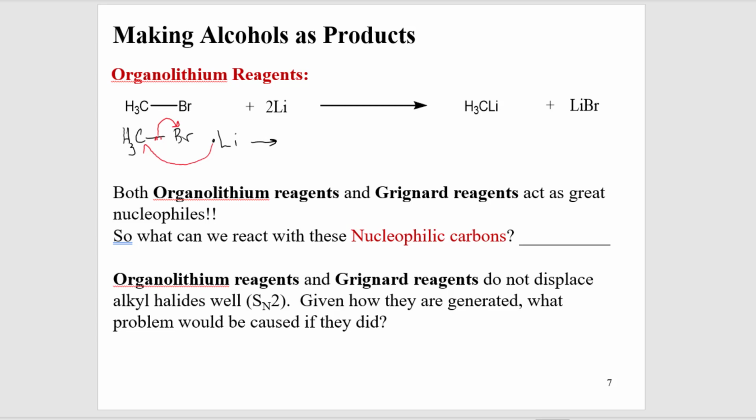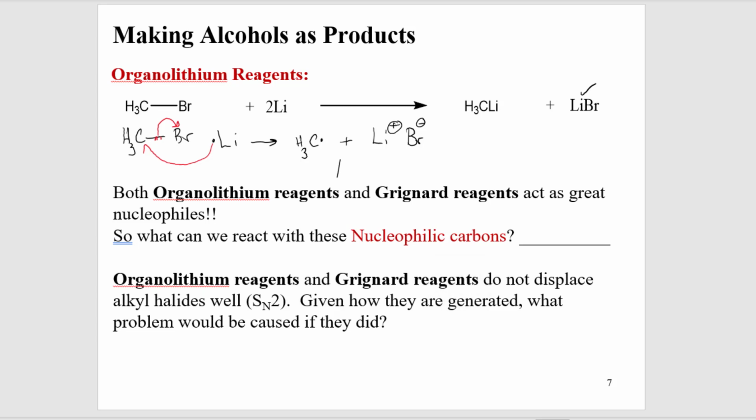So after the first equivalent, you're left with CH3 radical plus lithium, which got rid of its electron so it's plus, and the bromine got kicked out as bromide minus. So you've just made your lithium bromide salt.